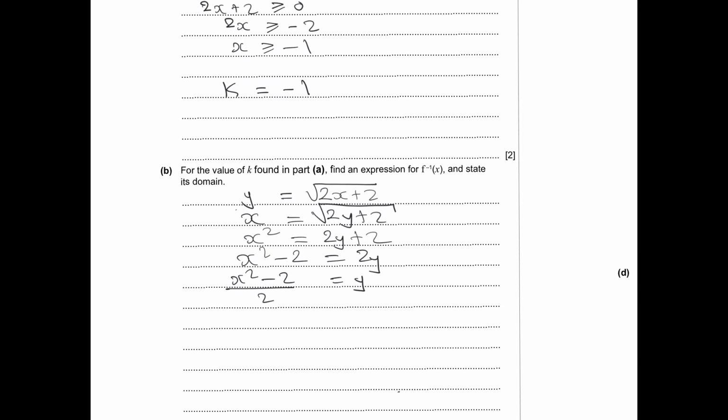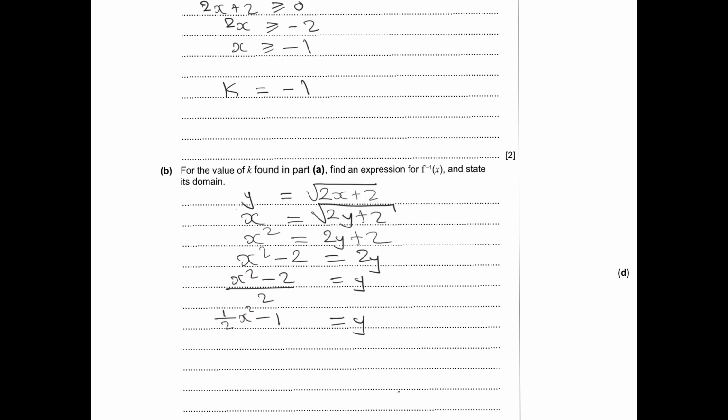But if we rewrite that, splitting the terms, that should be y is equal to half x squared minus 1, because this 2 is a common denominator of x squared and negative 2. So then we end up with that. Okay, sorry, this part here should be negative 1, because x squared divided by 2 gives us that.